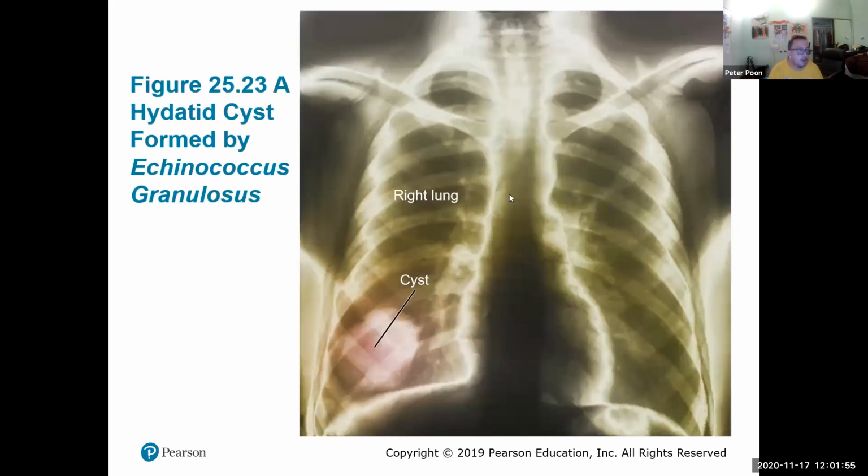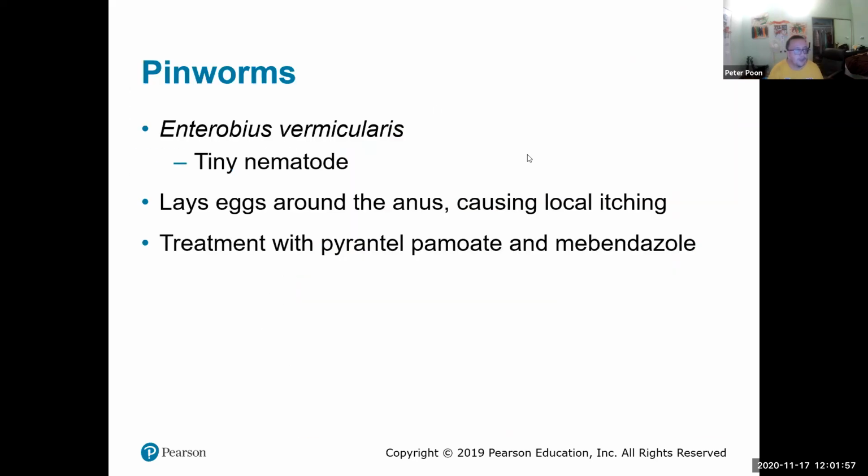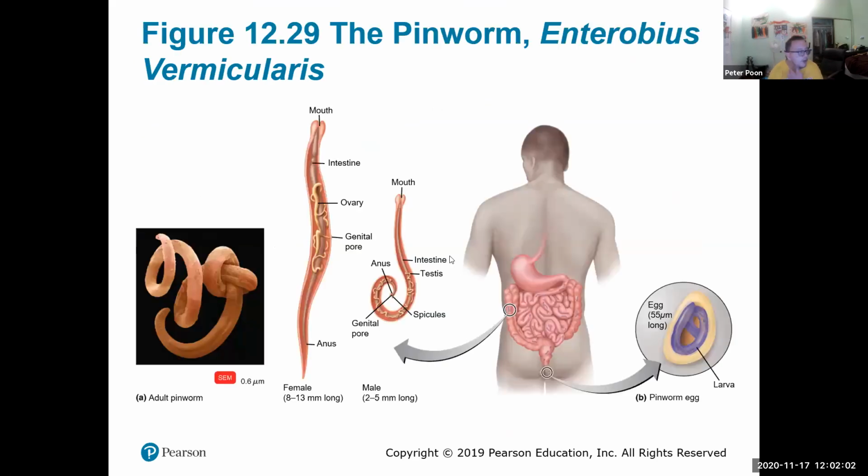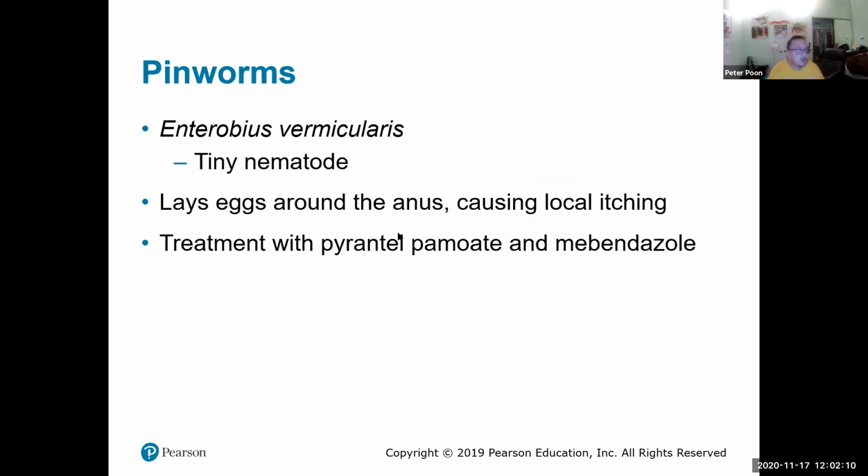We don't have to know this one, pinworms. So these are pinworms. Where they hang out is in the anus. They lay eggs around the anus, which causes local itching.